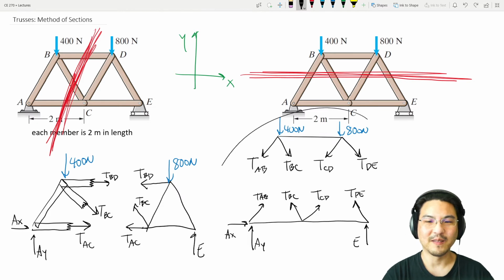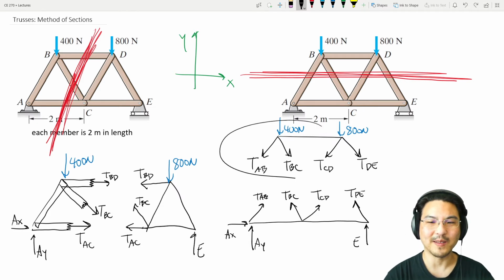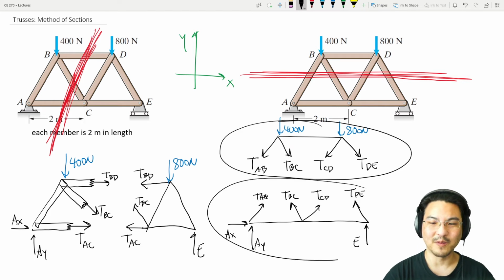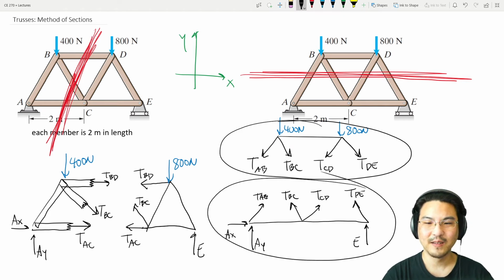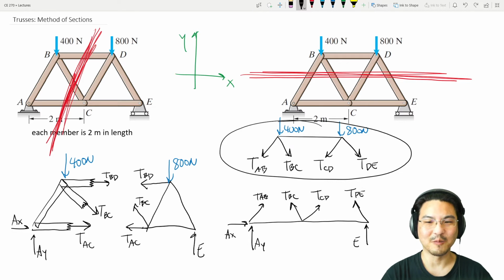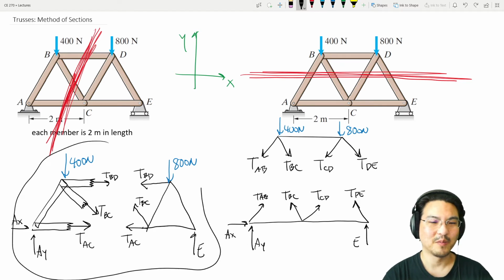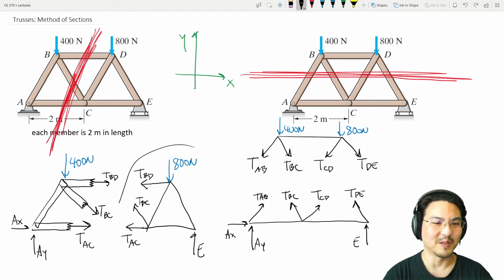If I cut it this way instead, notice the top section has 4 unknowns, and the bottom section has 7. So that's worse, right? So among these two choices already, cutting the section like this maybe was the better option because this looks like the winner. It has the fewest number of unknowns.